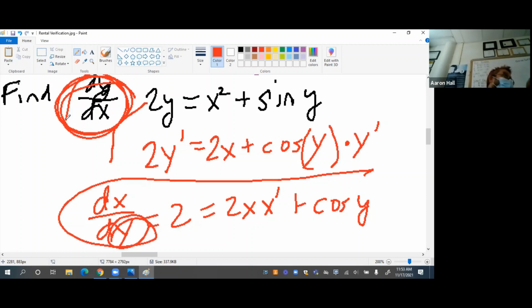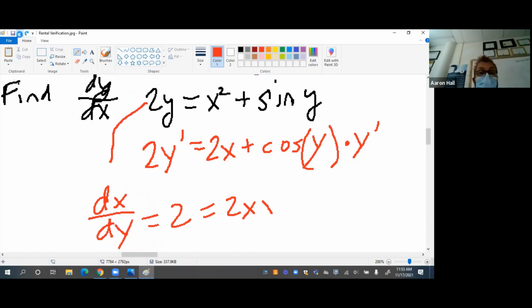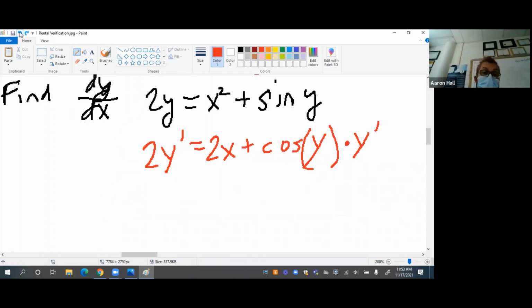But I want to solve with respect to x, and so whenever I take the derivative of y, it has to be y prime.